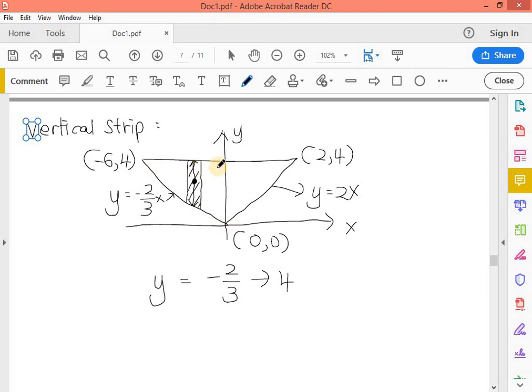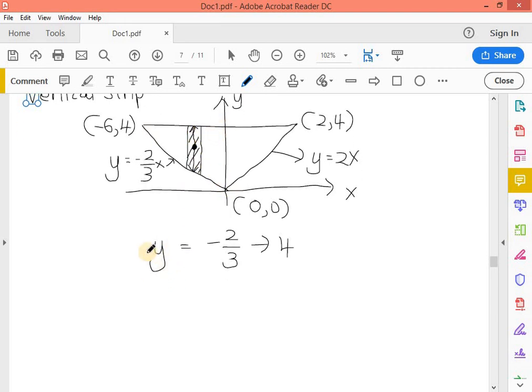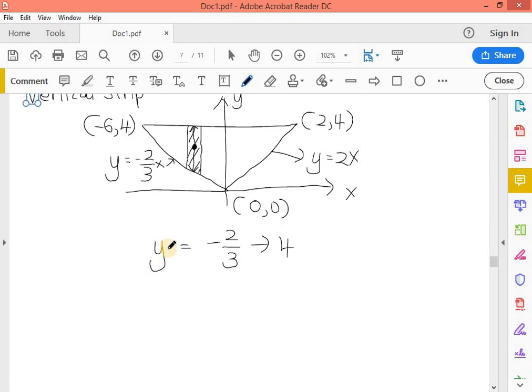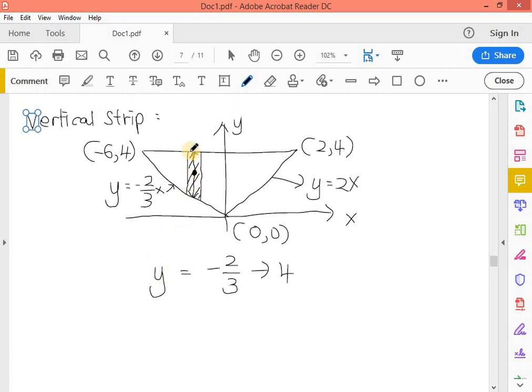Y, not X. Will you confuse whether this is Y or X? Okay, so when you refer up, this is a horizontal line, and this line has value y which is fixed equals to 4, but its value of x will keep on changing. That's why here you used to represent it with y instead of x. Sorry, this one.